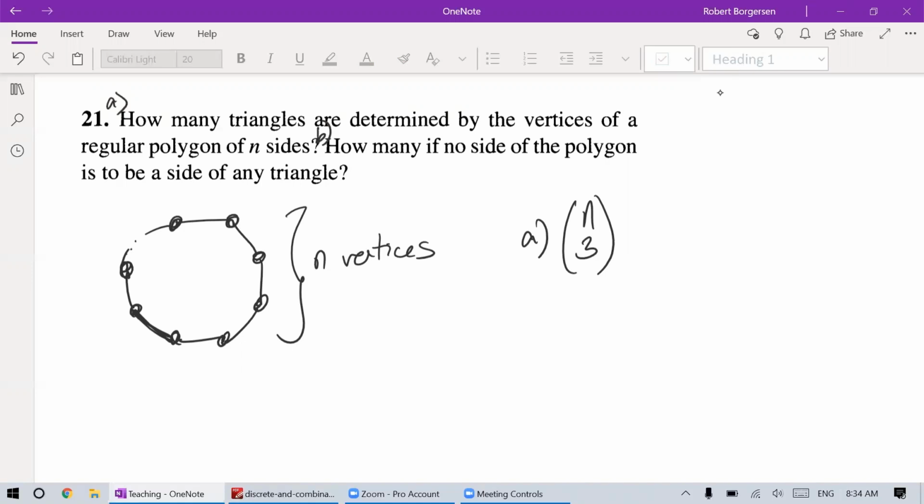Yes, exactly. And so the easiest way, in my mind, to do this, and I think this is what the solution does, is to count the opposite: you find all possible triangles, and you get rid of the ones that actually have an edge on the polygon.